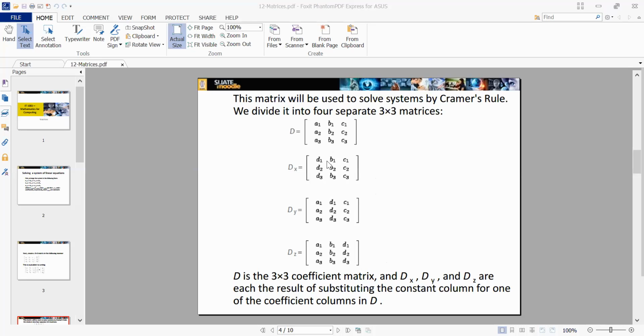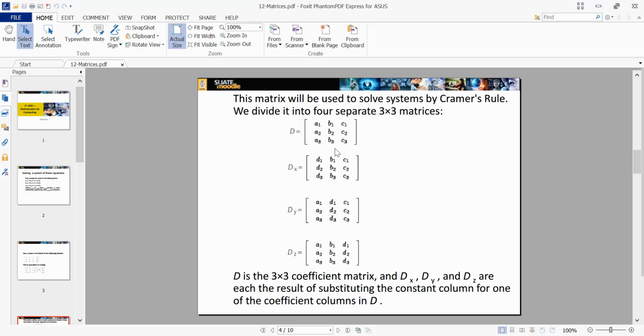Okay. From this one, look at here how I created Dx. This is our original matrix, which I write here as D is equal to this matrix. Now let's see how to write Dx.